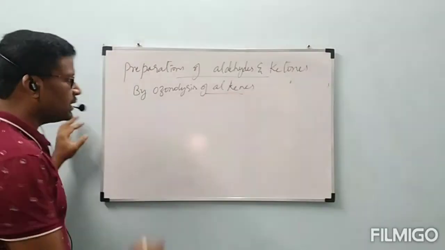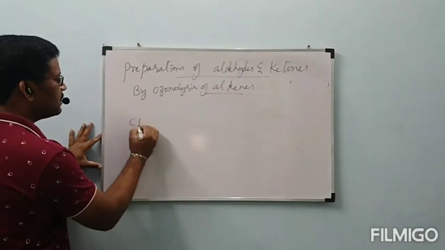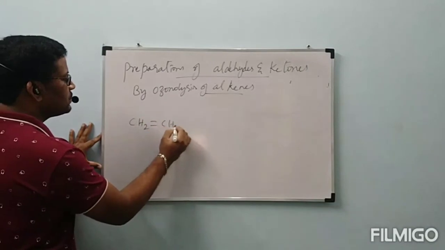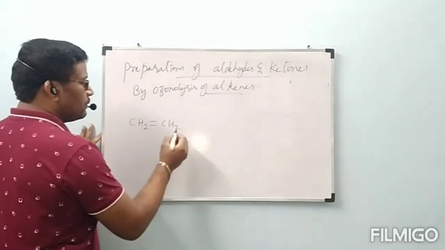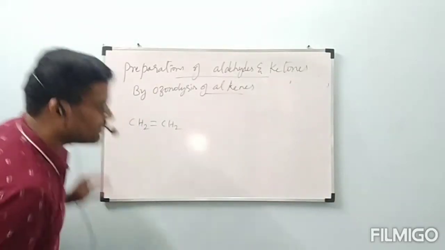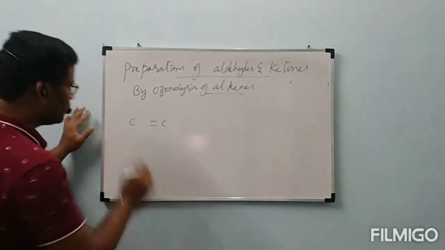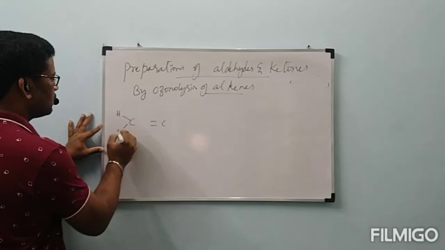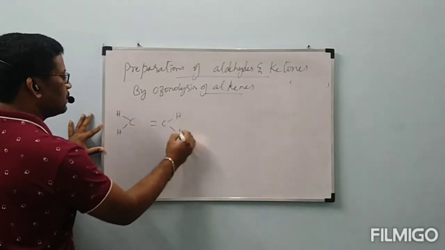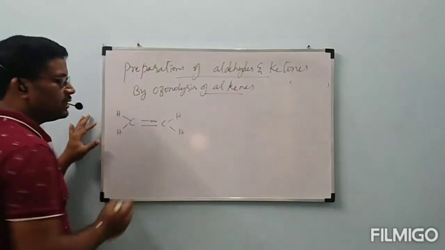Initially we will take an alkene. Let us consider CH2=CH2, ethene.